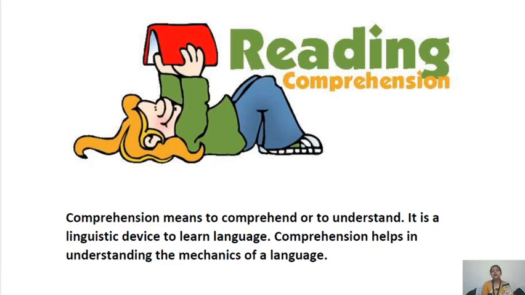Like suppose you have read a chapter in your literature book, and after that you answer the given questions. So how will you be able to answer those questions unless you understand it better? The same thing we do in literature. We understand the whole chapter, and then we answer those questions. So there we do reading comprehension only.